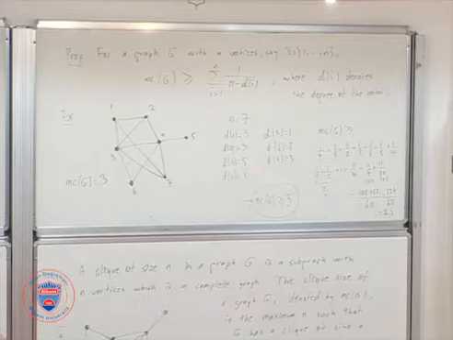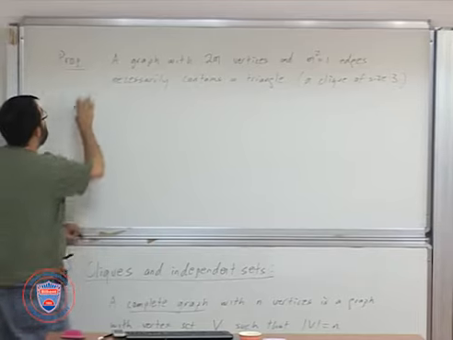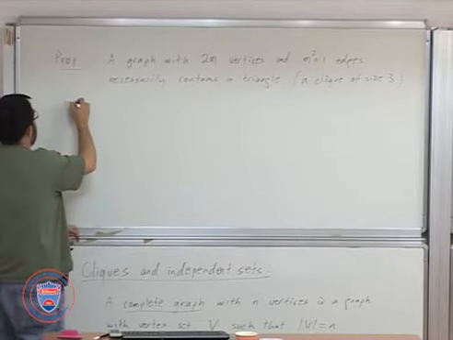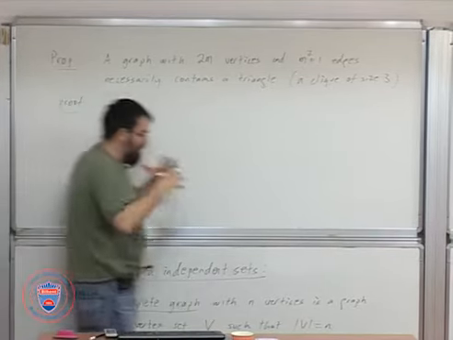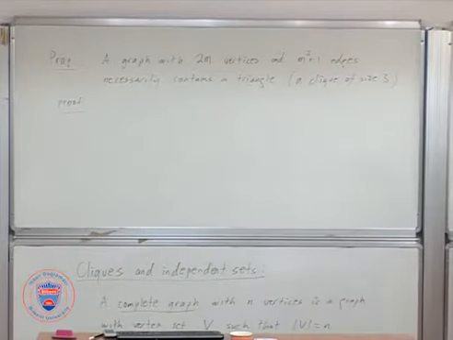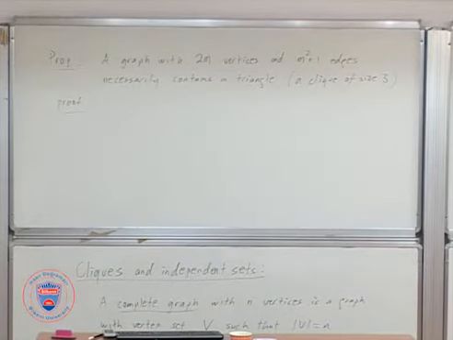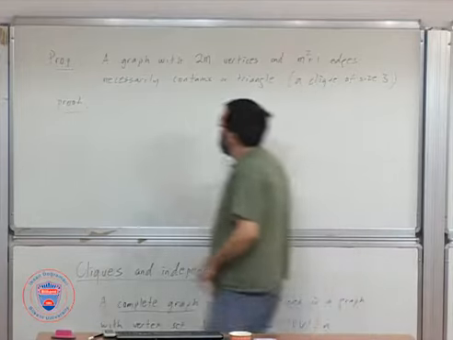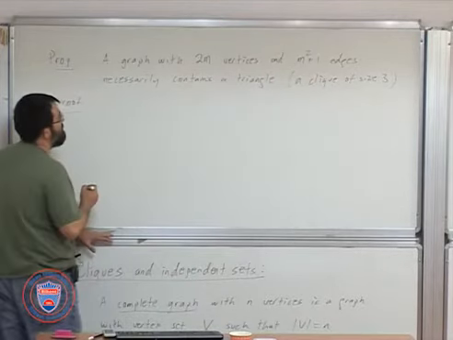Proofs of these involve some more advanced group theory, graph theory, but things like this we can prove. It's not easy, but still it's provable. So let's see how you can prove that if you have 2m vertices and m squared plus 1 edges, there's always a triangle. Here's the argument.